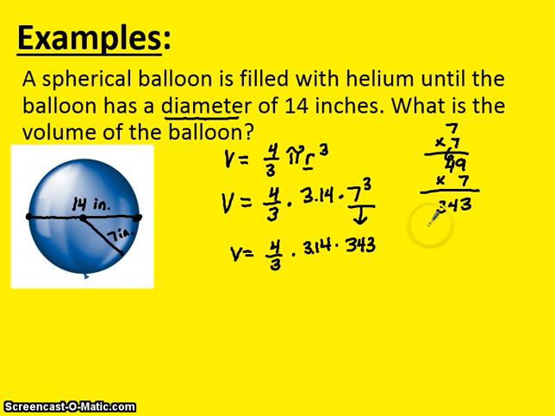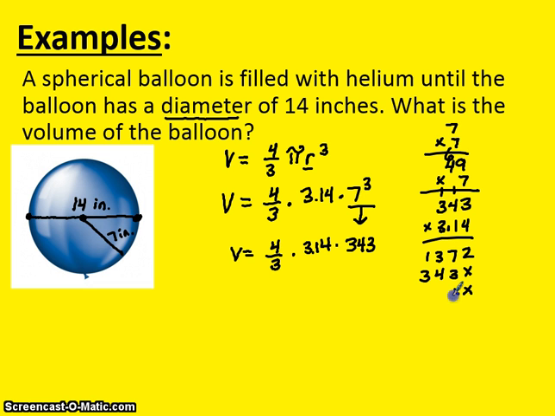I'm going to go ahead and take 343 times 3.14. 4 times 3 is 12. 4 times 4 is 16, plus 1 more is 17. 4 times 3 is 12, plus 1 more is 13. Placeholder, 1 times 3 is 3, 1 times 4 is 4, 1 times 3 is 3.